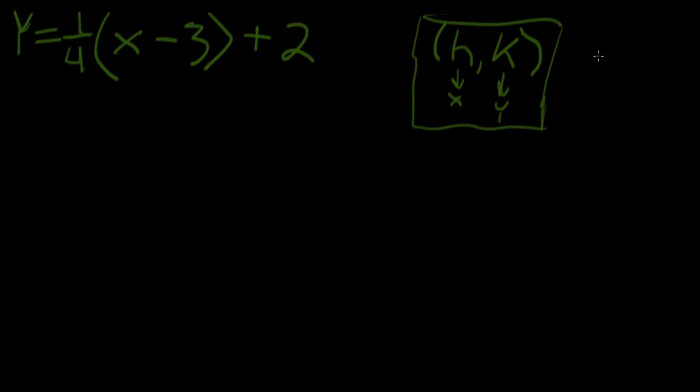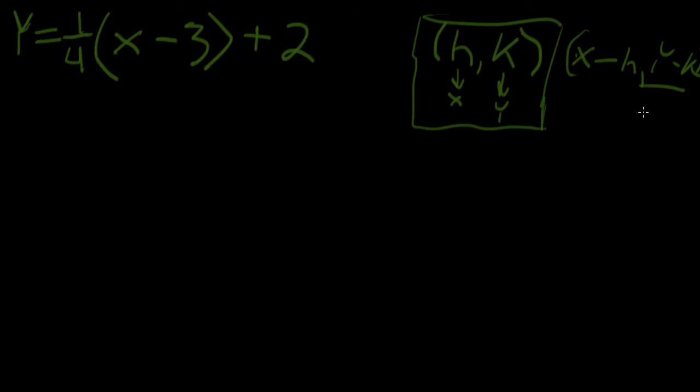What that is, it's the shift of the vertex, where you've got a vertex at h comma k. A little earlier I talked about how with this y minus k, you set it to 0, and that's important.